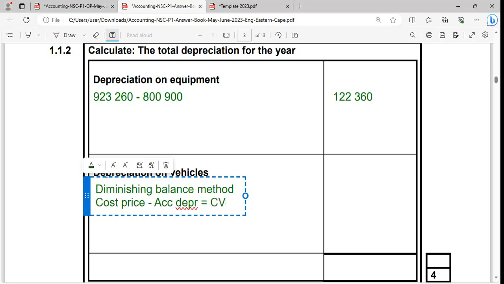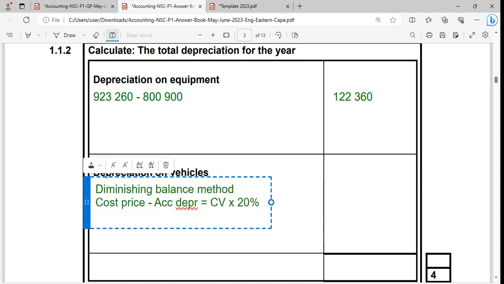Then we multiply the carrying value by the depreciation rate of 20%. Guys, remember we are told in the additional information that vehicles are depreciated at 20% per annum.